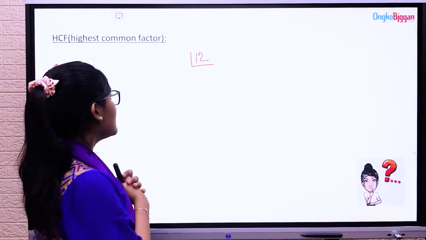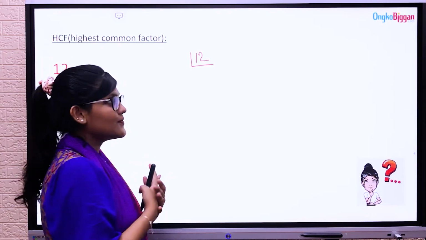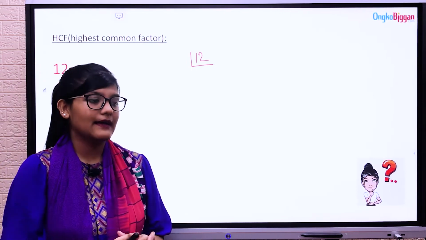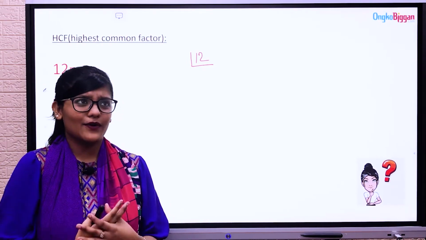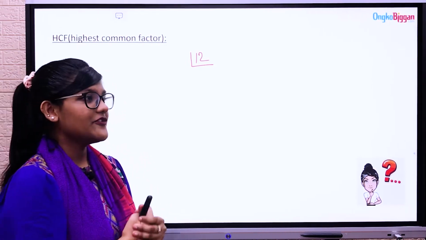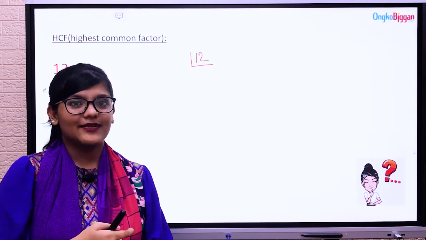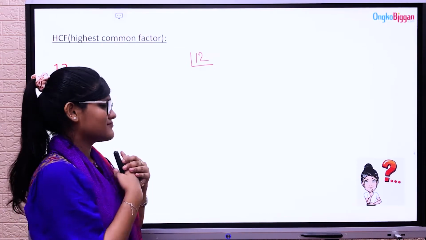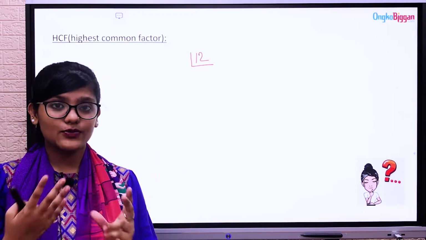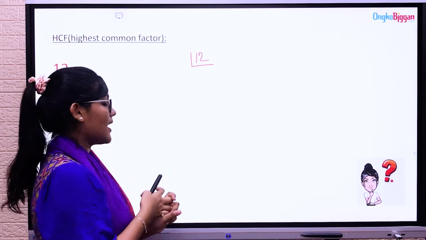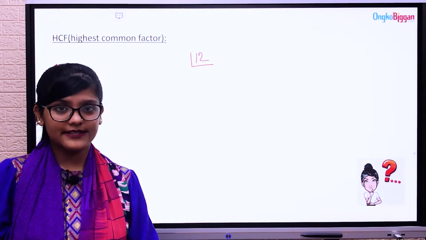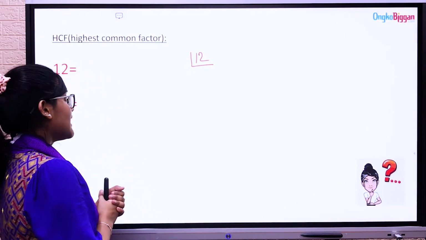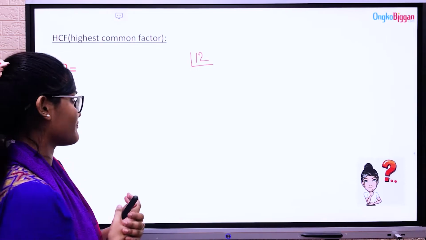Every number, be it a prime number or composite number, has a fixed factor, that is itself. That means 12 also has the factor 12, and also 1. So 1 and the number itself are factors that every number has.